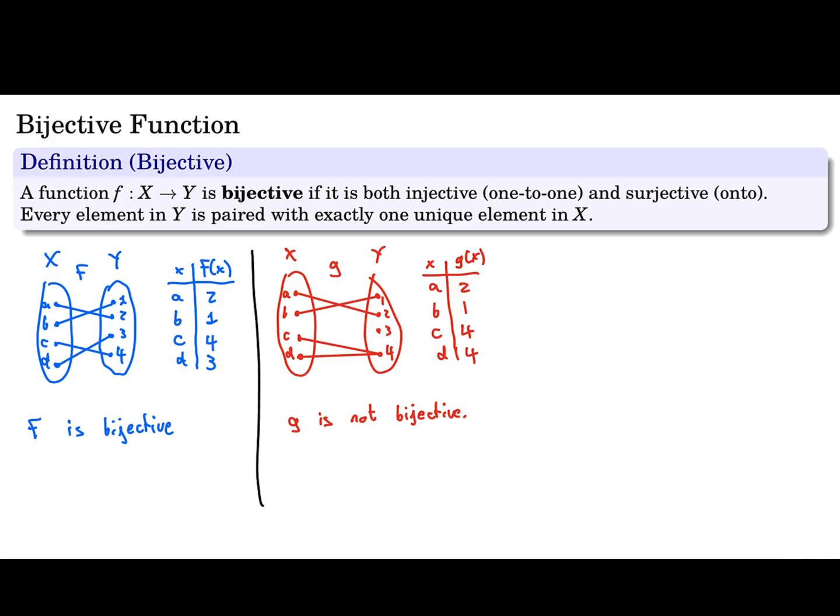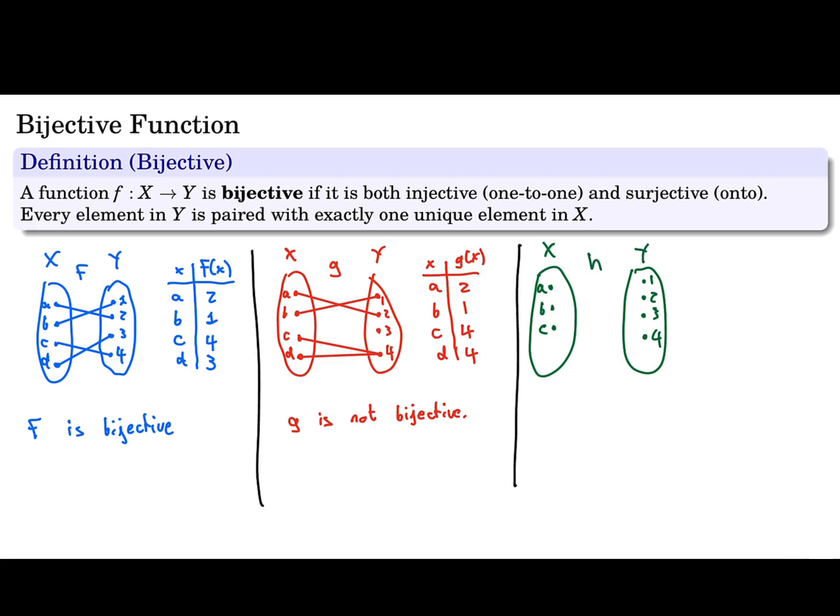But of course, you can just have one of these properties fail, right? So, for example, let's do it with 3 points. Let's say X was this, and you had these 4 points here for Y, and let's say this was h. Then the table will look like this.